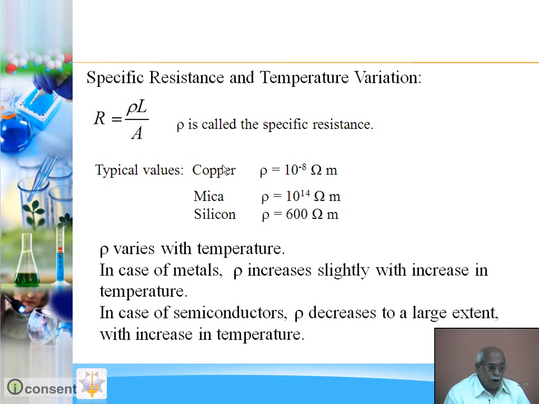Actual values can be different, but order is 10 raised to minus 8. On the other hand, bad conductor or insulator will have very large value of rho, specific resistance. Excellent insulator is mica. In case of mica, rho has value 10 raised to plus 14 ohm meter.